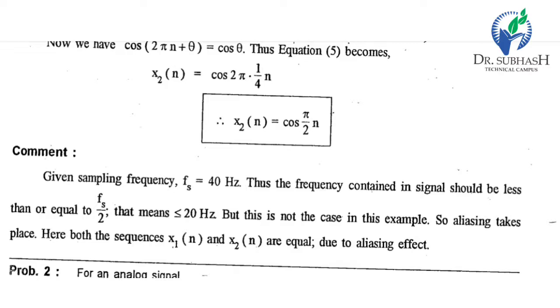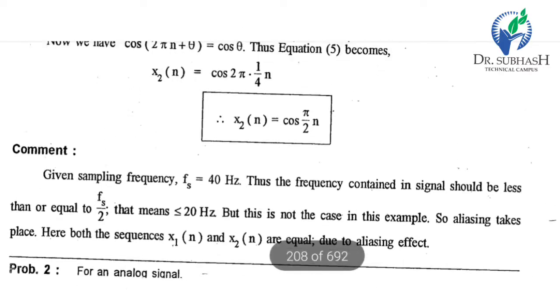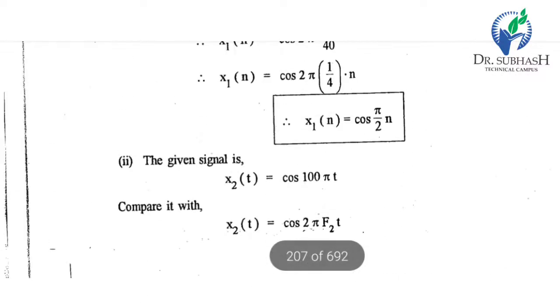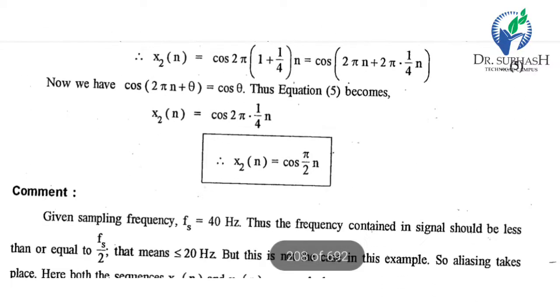So in both cases we get the same answer, but a comment is required. What is the difference? Our sampling frequency is 40 Hz. f1 is 10 Hz, but f2 is 50 Hz.